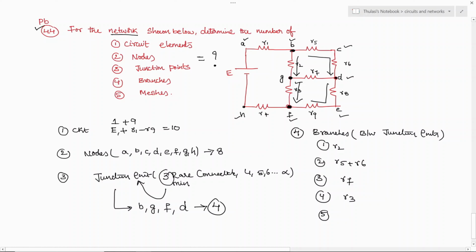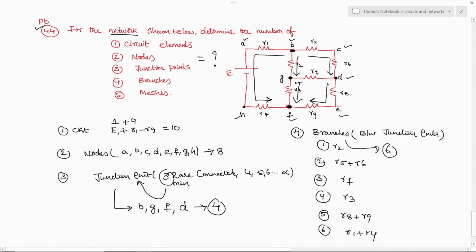Next one is R8 plus R9. Next, connected between B and C, is R1 plus R4. Like this you have 6 branches in the given network.